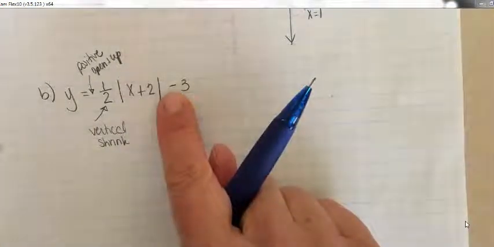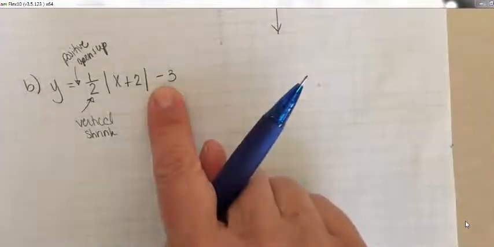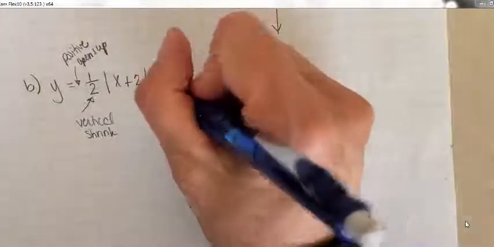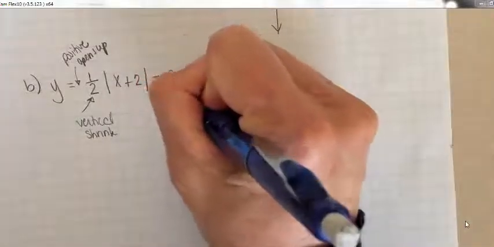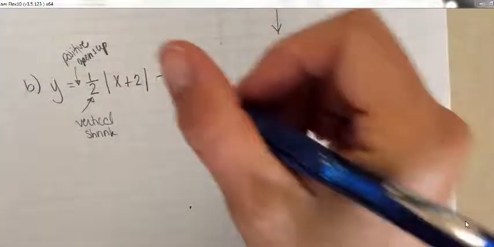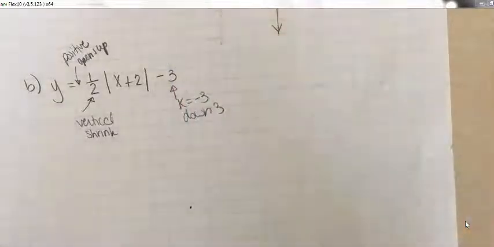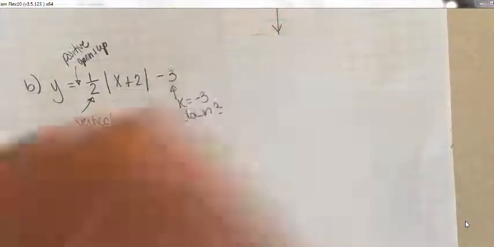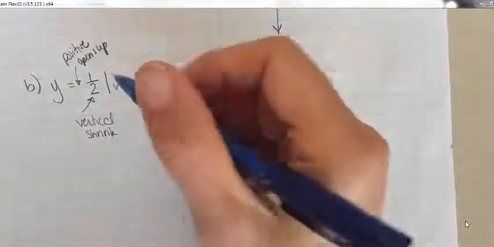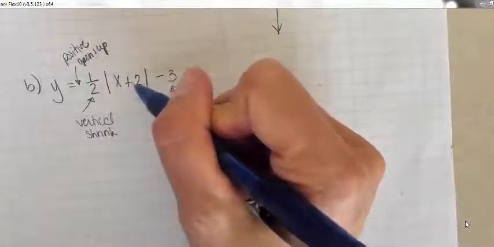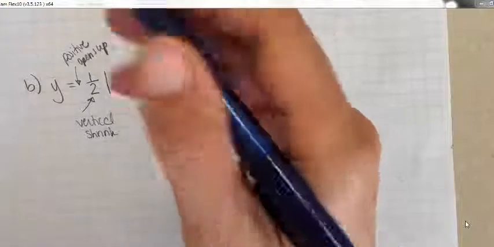All right, so here, this k then, because in the formula, remember, it's plus k, this k is negative. Okay, so k equals -3. That means we're going to go down 3. Well, what is this h? This h, if I were to actually solve for x, is -2.